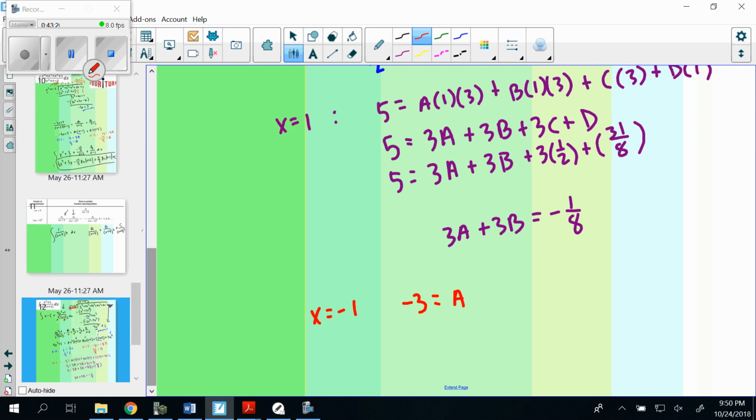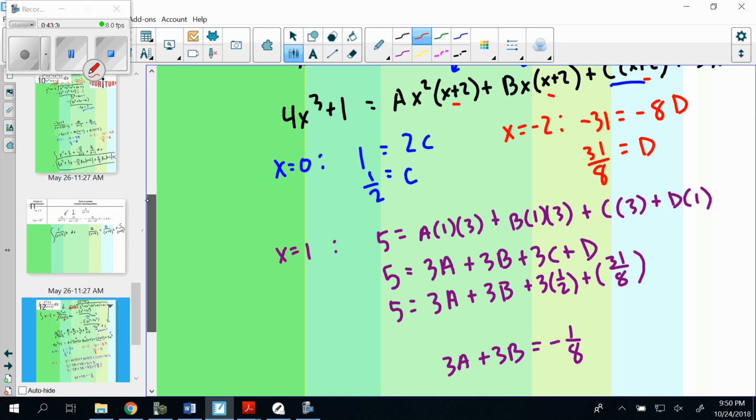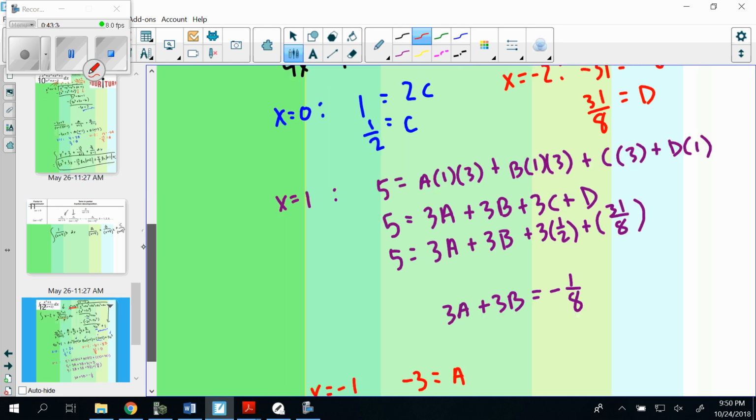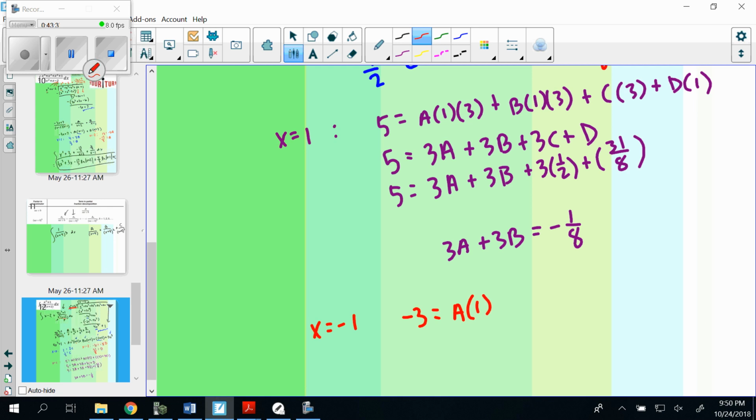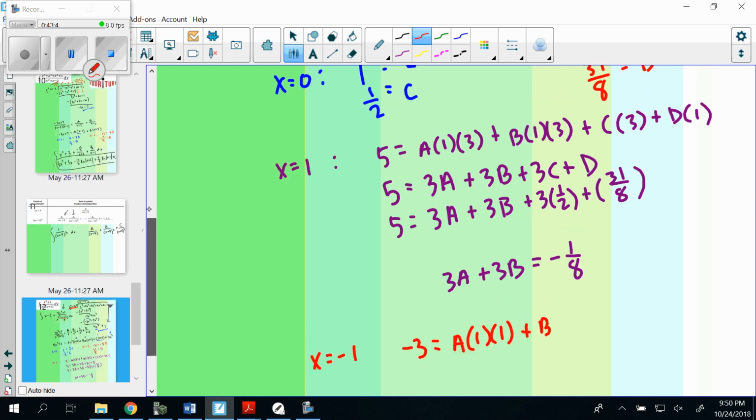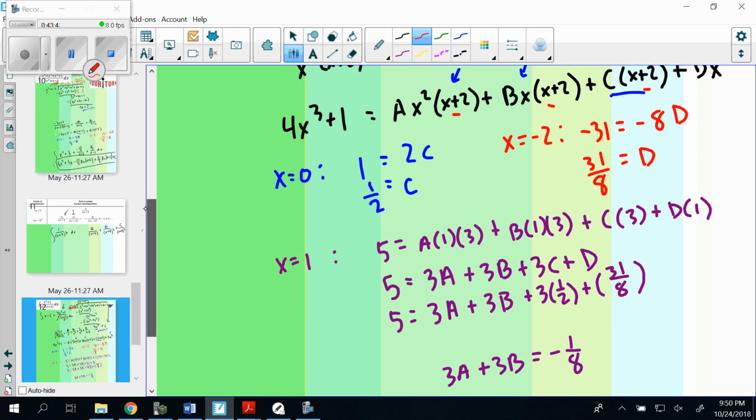A to be negative 1 squared is positive 1, and negative 1 plus 2 would also be 1, so we get 1 and 1. For B, plug in negative 1 in there, we'd have negative 1 and positive 1.